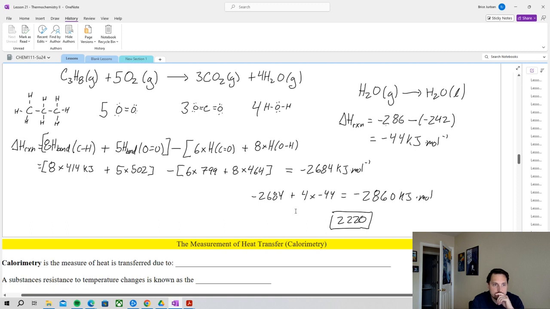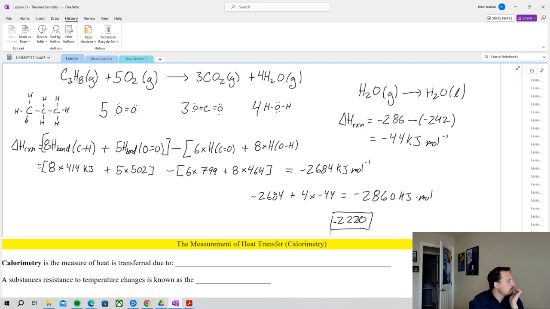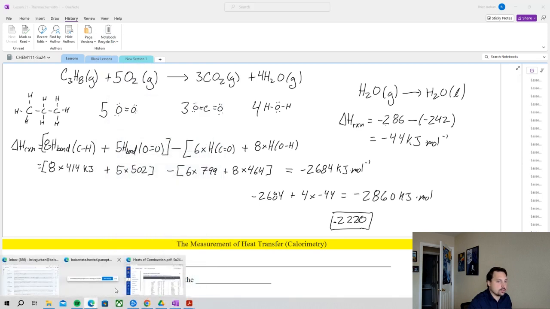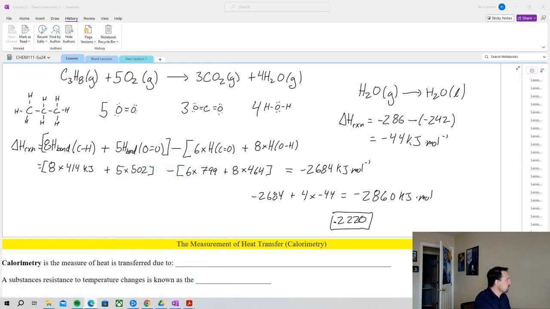Additionally, again, this will be a negative value from that reference. I need to look back at my work on this one and see what I did wrong, if I did something wrong.